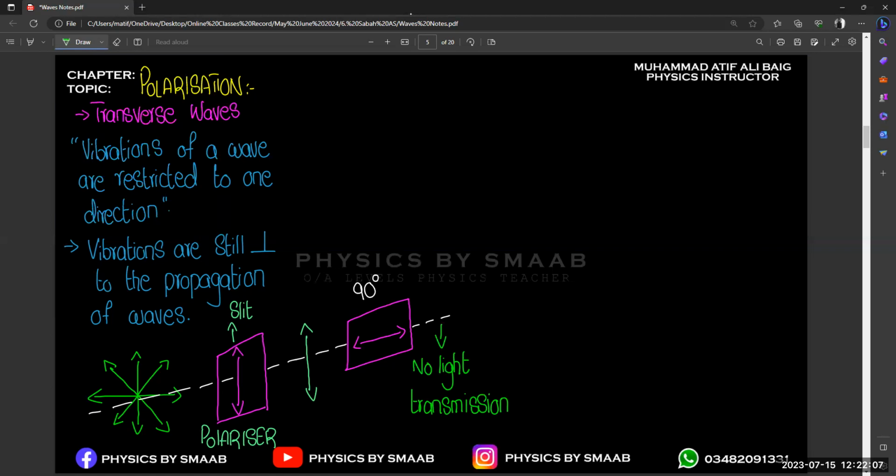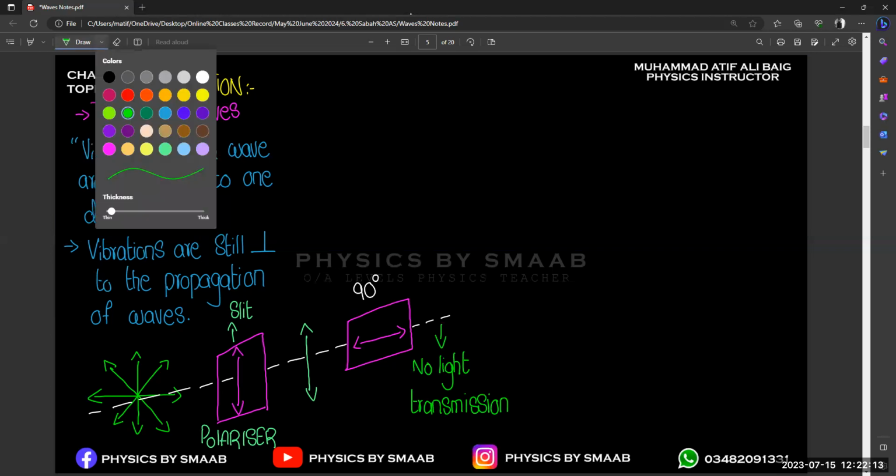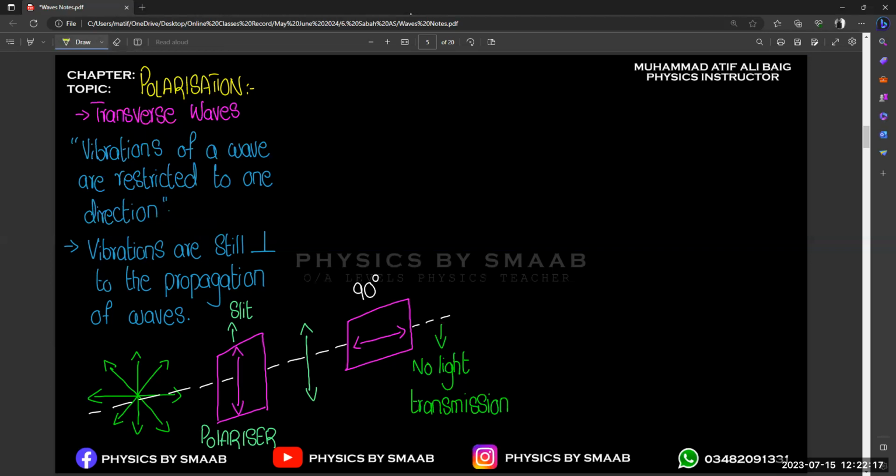And we also discussed that once we place the first material, the first material is known as the polarizer, and the second material is known as the analyzer. Analyzer means that according to this second material, we are going to decide the final intensity, right?